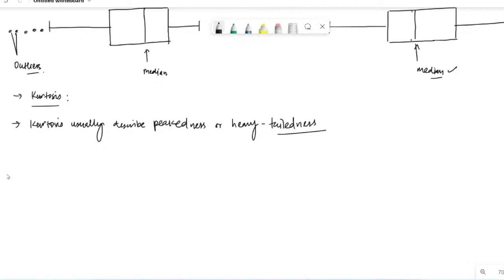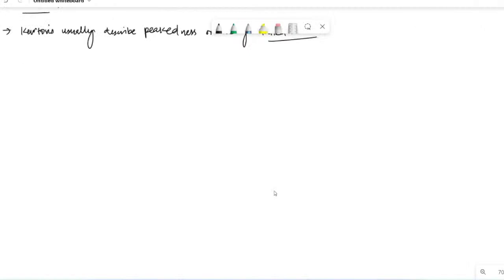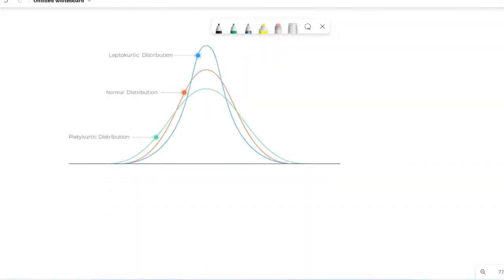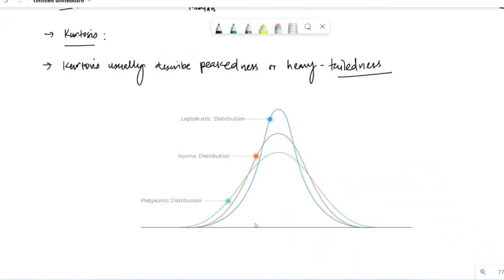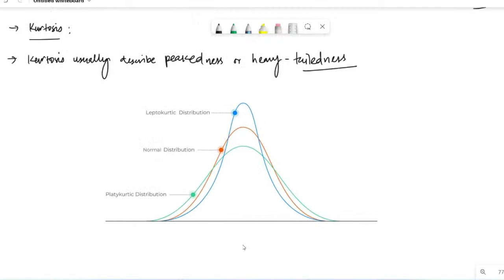One describes the normal distribution part. I'll take an image here to explain this. These are your three different points. One is the leptokurtic distribution, which has most of your data around the center.